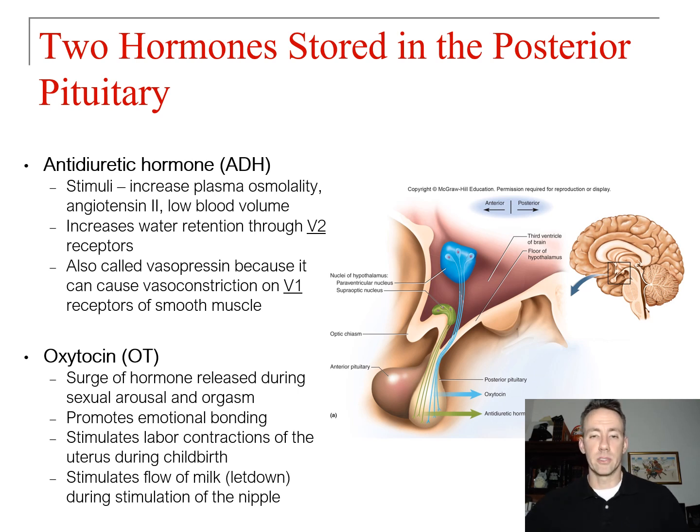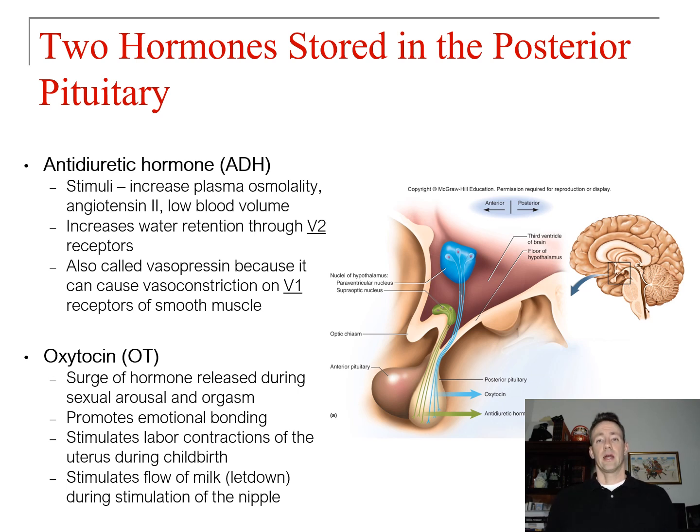In the posterior pituitary, there are two hormones that are released. We have the antidiuretic hormone, which we've talked about before in previous lectures. Ultimately, we know that it really does two things. One, it conserves water, because it's an antidiuretic, and so it reabsorbs water from the distal convoluted tubule and collecting duct of the nephron, and it can do that through the V2 receptors.